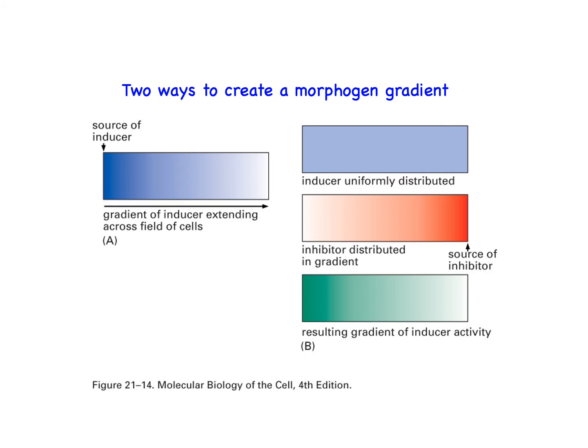The other approach is to express that gene throughout the embryo, but have an inhibitor that's expressed at the posterior end and forms a gradient from the posterior end, inhibiting the morphogen over the gradient of the inhibitor. The result is a gradient of the inducer in both cases.